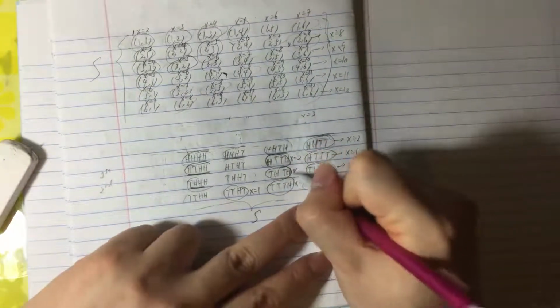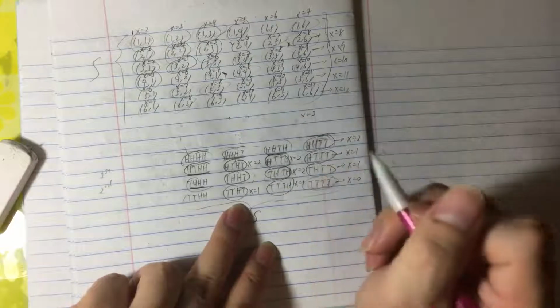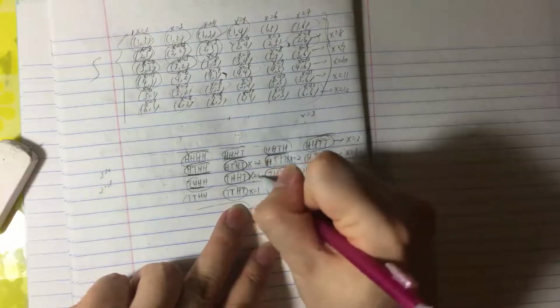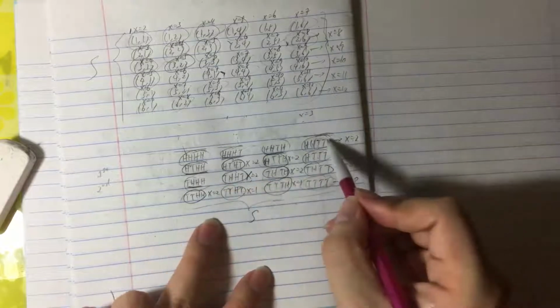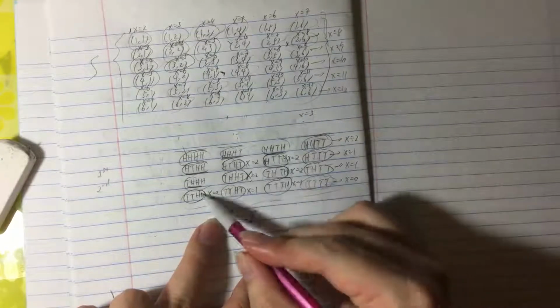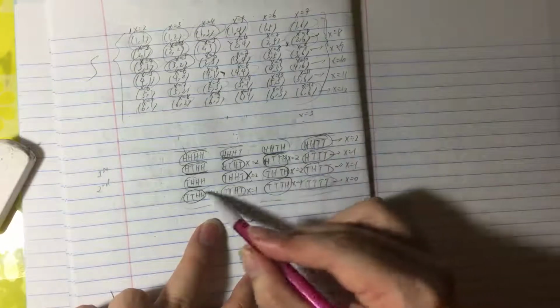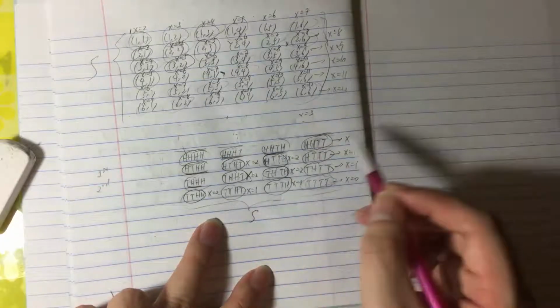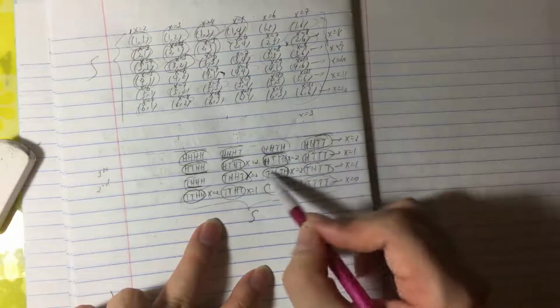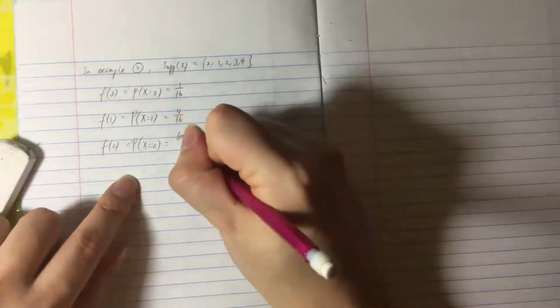This one, x equals 2. This one, x equals 2. This one, x equals 2. And this one, x equals 2. We have 1, 2, 3, 4, 5, 6. 6 sample points have x equal to 2. So the probability x equals 2 is 6 out of 16.